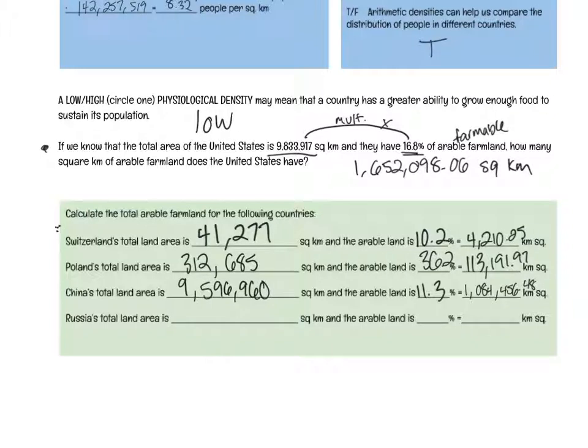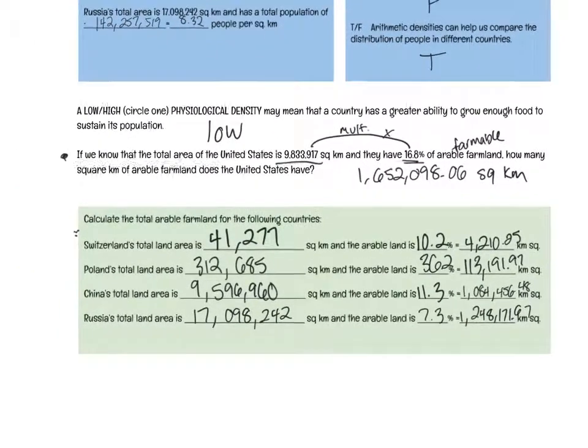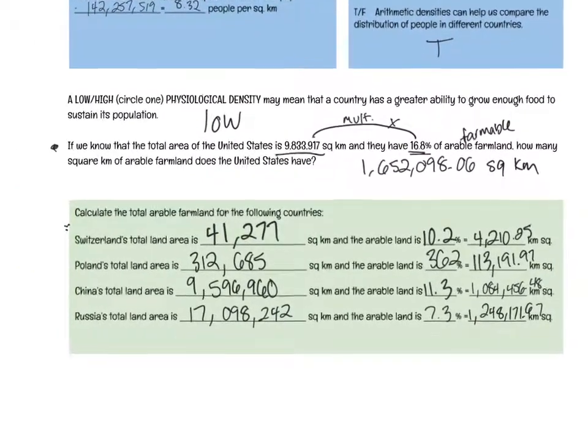Then Russia's land area total was the largest, 17,098,242, and their percentage was 7.3. That is a small number for how big their country is, which gives them 1,248,171.67 square kilometers.